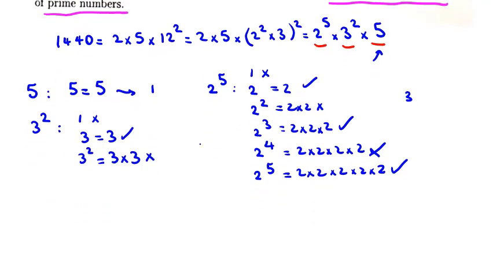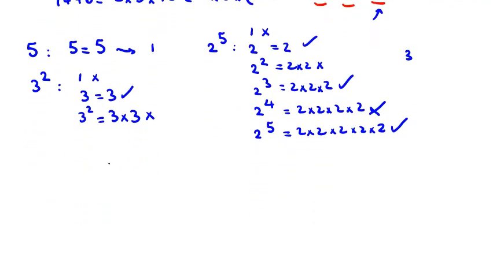So let's consider when we have a product of 2 primes, for example, 5 times 3 squared. There is an important formula when you want to find the sum of positive divisors.